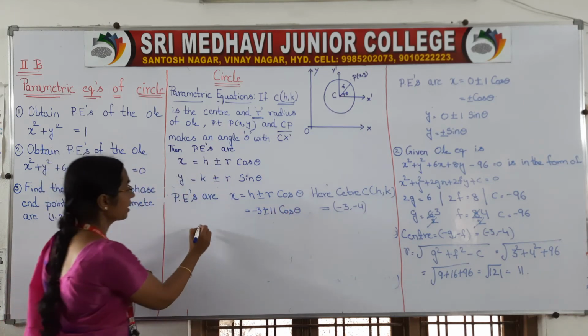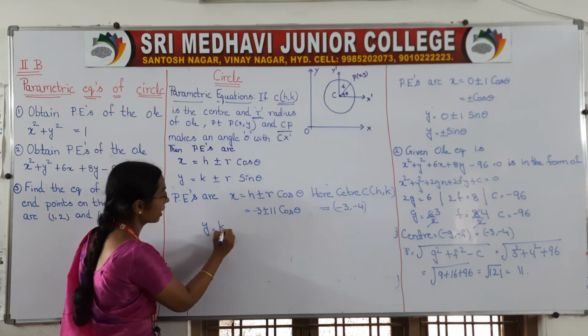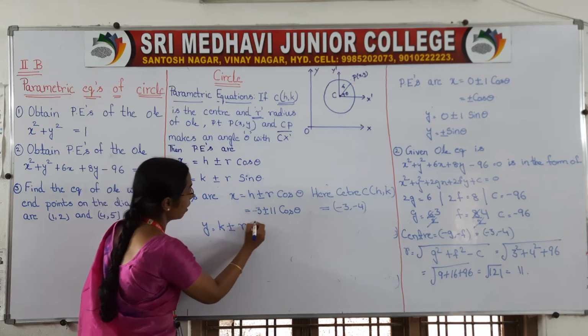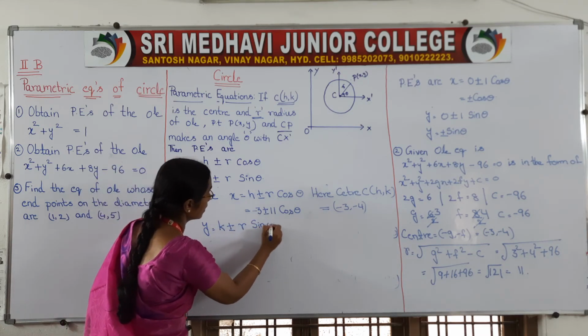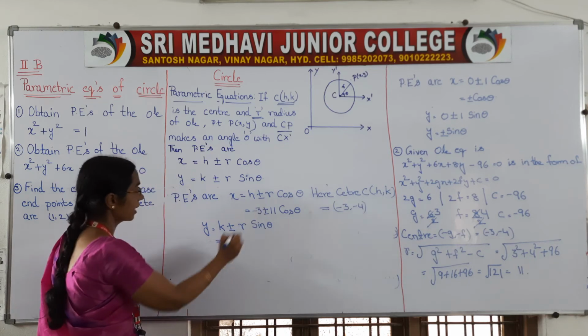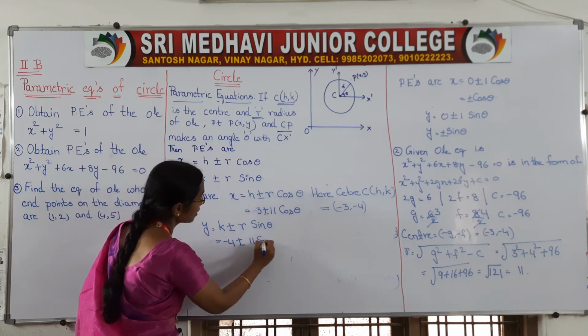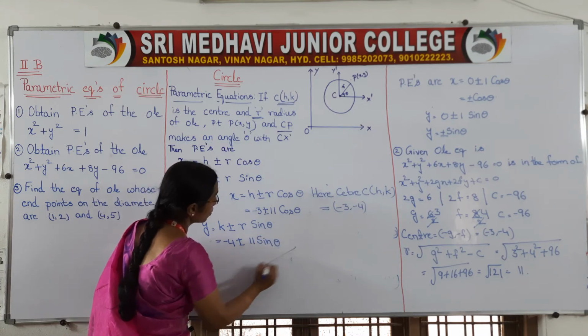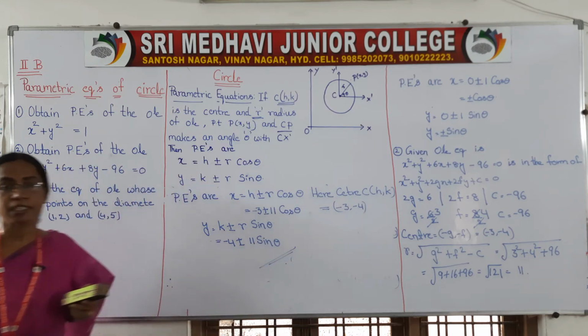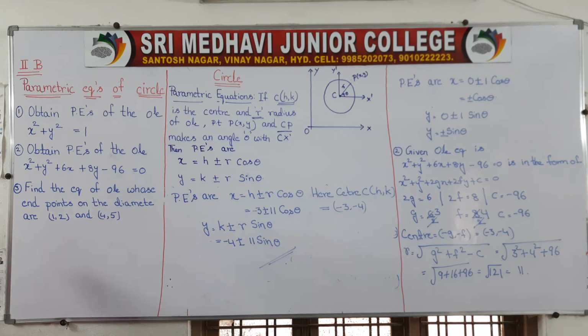Next, y is equal to k plus or minus r sin theta. So what is k? Minus 4 plus or minus 11 sin theta. So these are the parametric equations of your second problem.